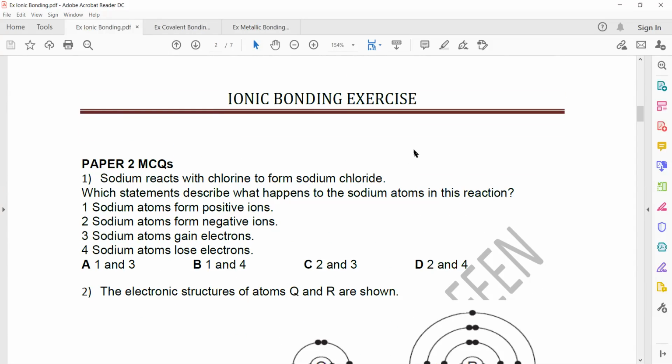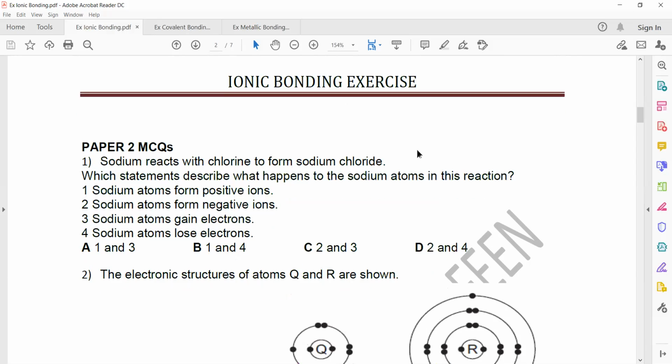This first one is MCQs from ionic. Sodium reacts with chlorine to form sodium chloride. Which statement describes what happened to the sodium atom in this reaction? Mention your answers in the chat. Everyone should participate. 11 students, so I want 11 answers.